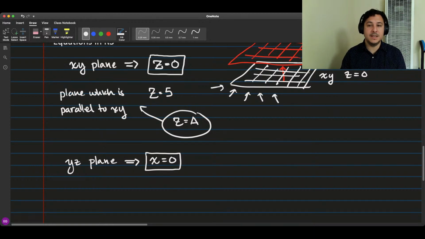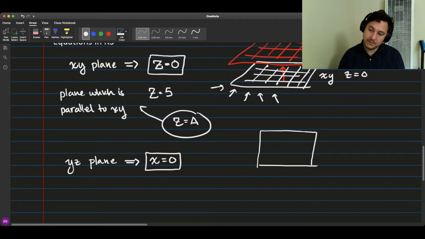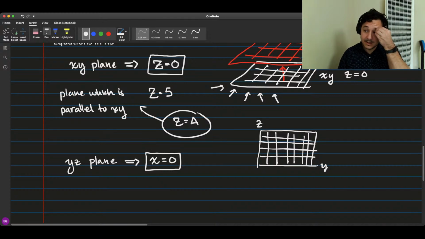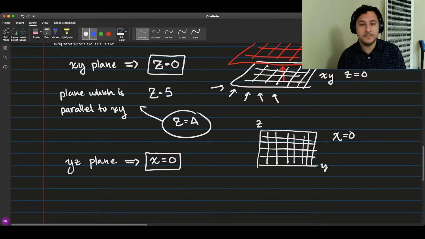So let's draw the yz plane. The yz plane looks something like this. You've got your sheet of paper, and it's like standing up on its side, right? Because you have your y-axis and the z-axis, and that plane satisfies the equation x equals 0.